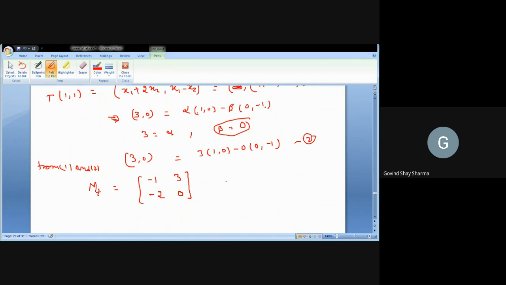This is the matrix form of the linear transformation. I hope we have used the three bases here: first, the usual basis; second, when both image and domain have the same basis; and third, the different basis. So this is more comfortable for understanding the further concepts.